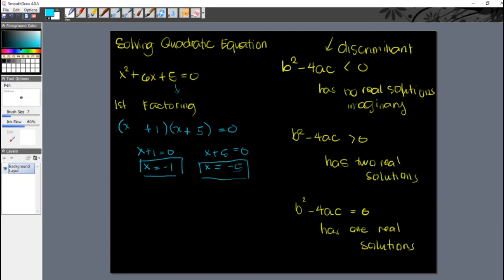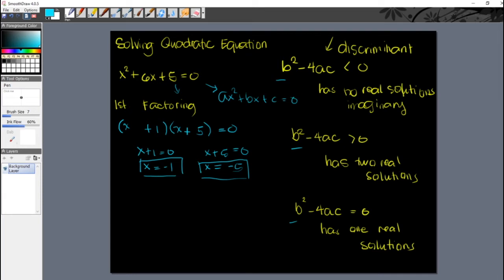Now, if we apply the discriminant, notice that our function is in the form ax squared plus bx plus c equals 0. This is the standard form for quadratic equations.